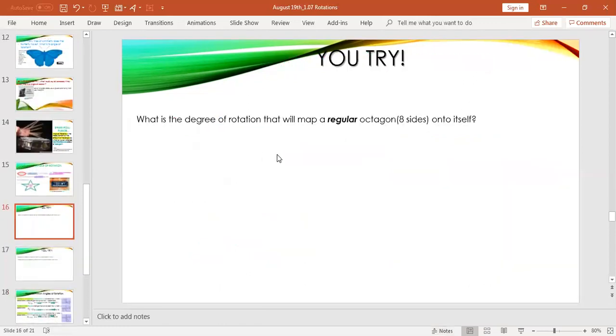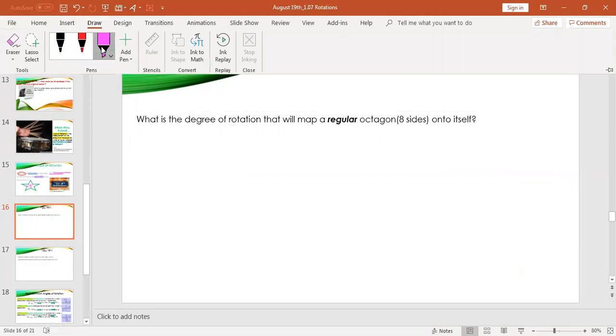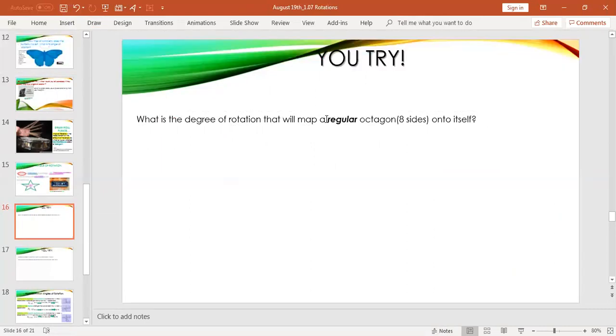This question is, what is the degree of rotation that will map a regular octagon onto itself? So it says regular, okay, which means all 8 sides of the octagon are equal and all angles are equal.